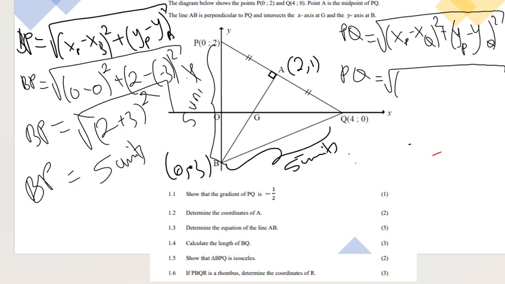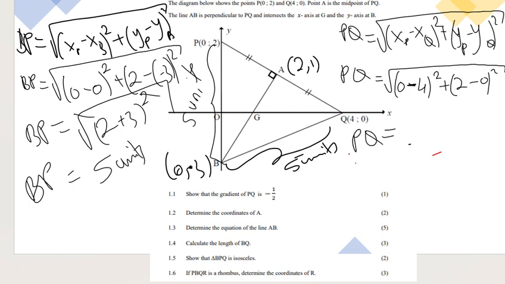Isn't there any way that I can do this? But let's not find ways now, it's not time for that. xp is 0 minus xq, which is 4, squared, plus yp, which is 2, minus yq, which is 0, squared.